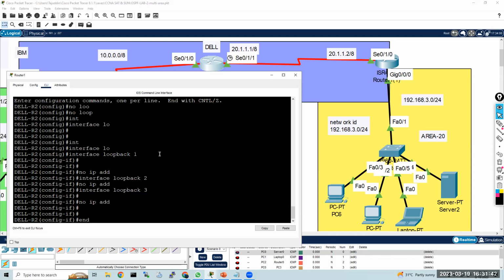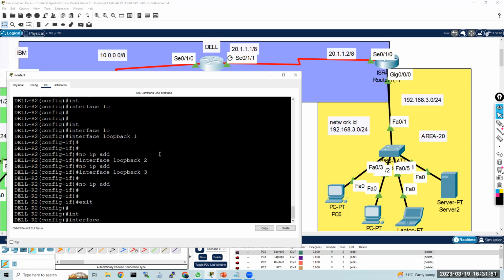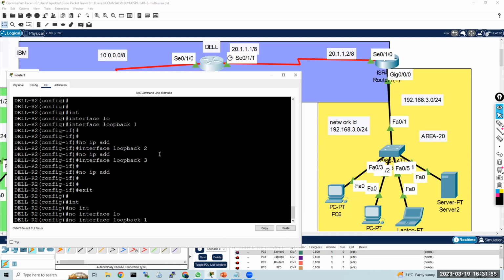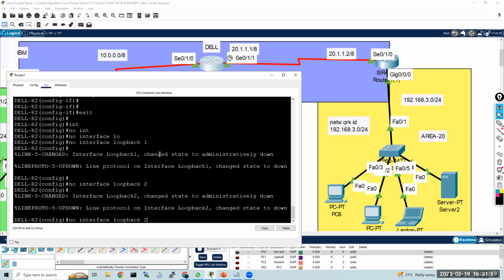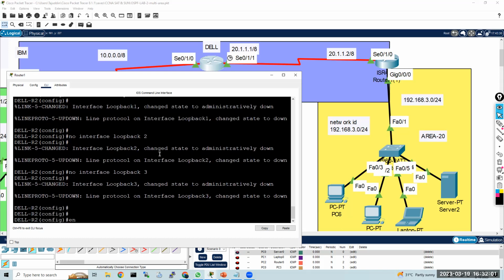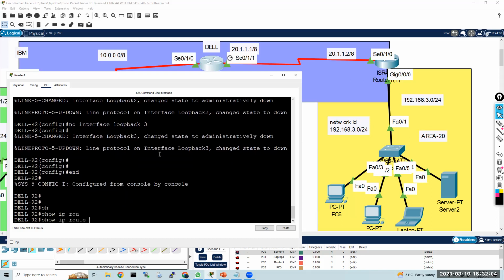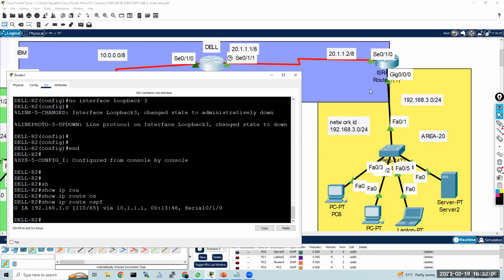What if we say no interface loopback 1? It will not work. So say no interface loopback 1. Just I remove the IP address, like this also we can do it. Show IP route, one network is still running.